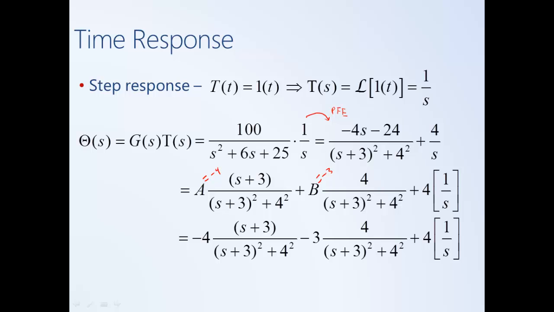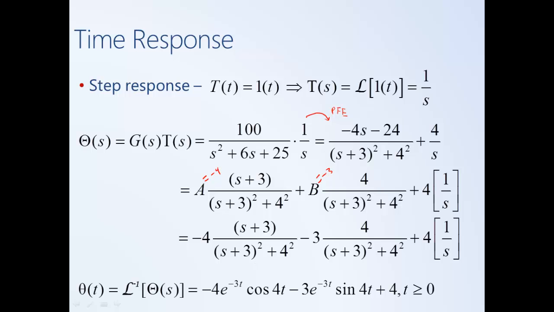And that expansion is equal to the original function. We again can take the inverse Laplace transform. The -4 comes out front. This is a cosine with frequency 4 and an exponential decay of -3 shown there.